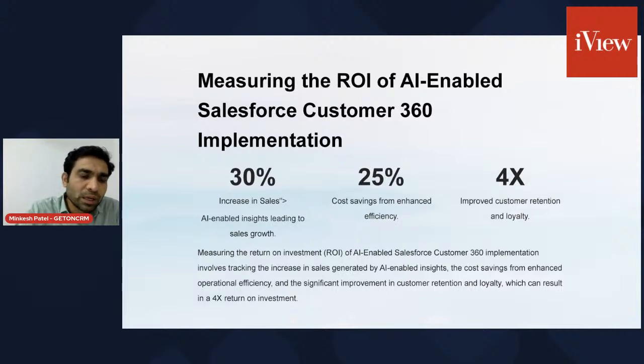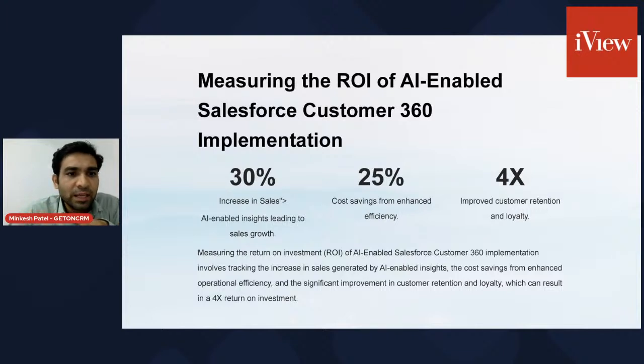So if you go with the connected platform with Customer 360, not necessarily from the beginning, but let's say you opt for Sales Cloud first, you gather some data, then as and when you require Service Cloud, since it is connected, you don't need to move from one system to another.